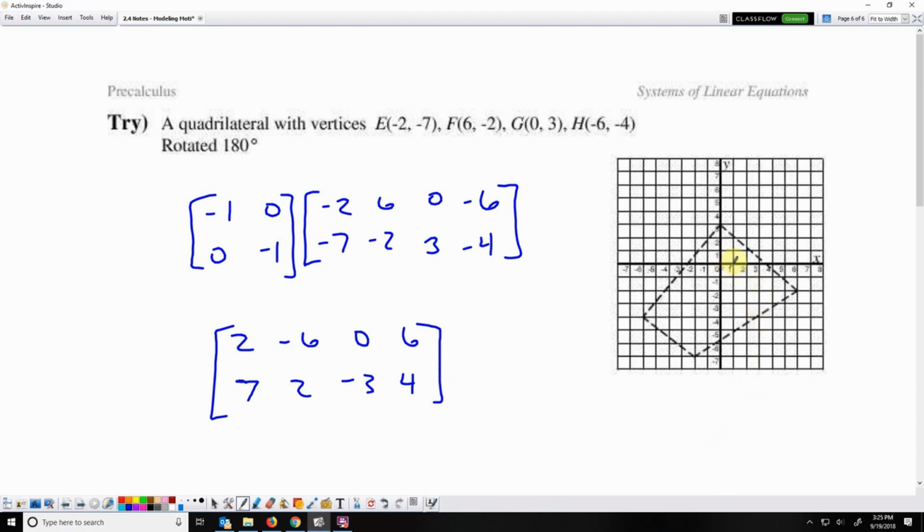So that's 2, 7, negative 6, 2, 0, negative 3, and 6, 4. And there it is, rotated 180 degrees.